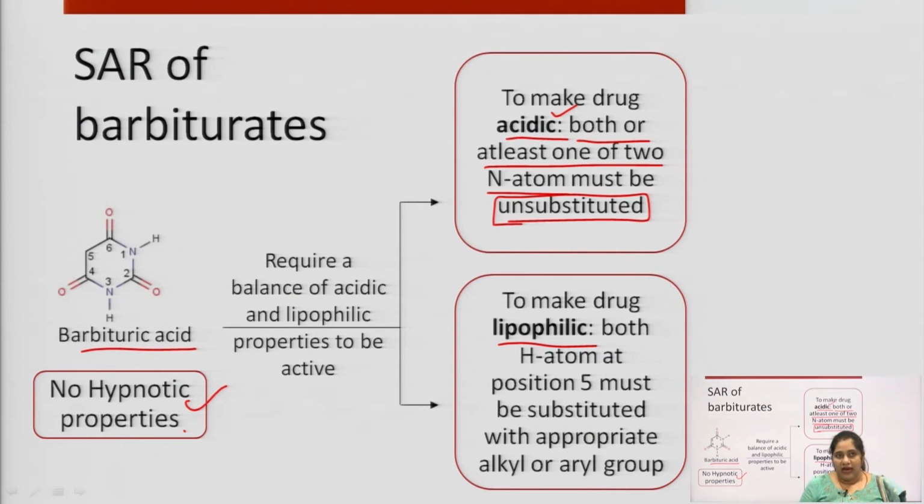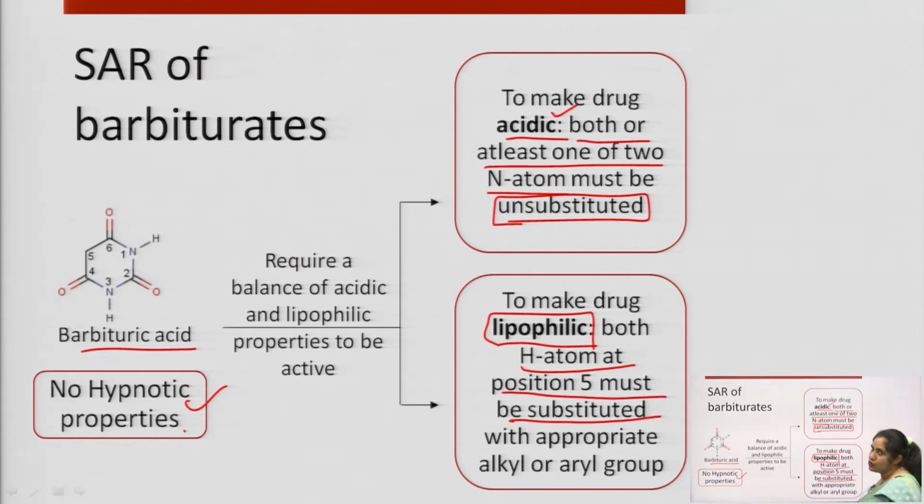The second thing that we should keep in mind is lipophilicity. For lipophilicity, both hydrogen atoms at position number 5 must be substituted. As we have seen, there are two hydrogens, R5 and R5 dash, so we have two substitution options.